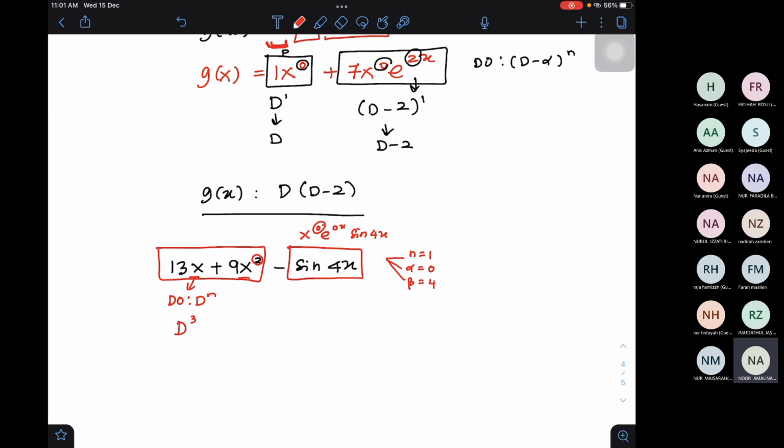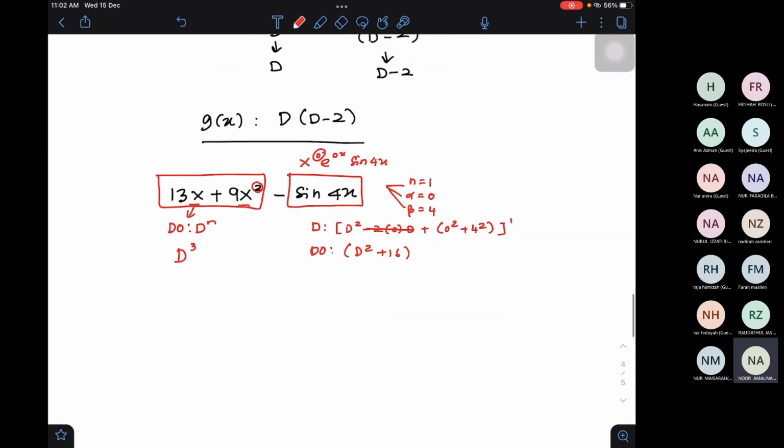So untuk differential operator dia, kita masukkan dalam formula d square minus 2 darab alpha d tambah alpha square plus beta square to the power of n. Okay, so awak dapat dia punya differential operator adalah d square, yang ini kosong, kosong tambah 16, so plus 16 to the power of 1. So itu adalah differential operator untuk function yang kedua.